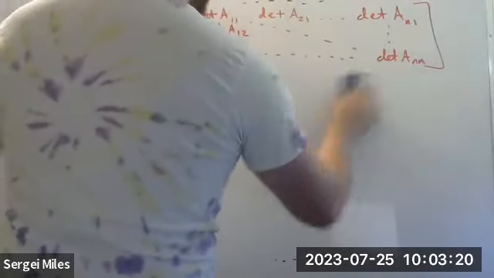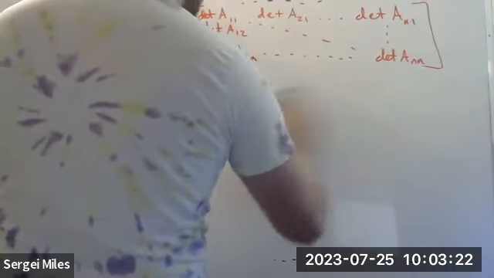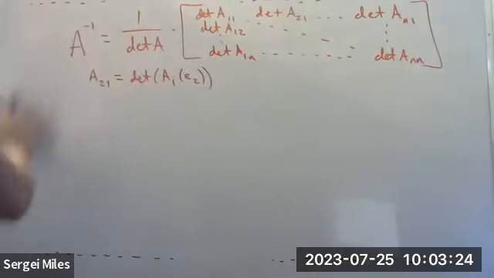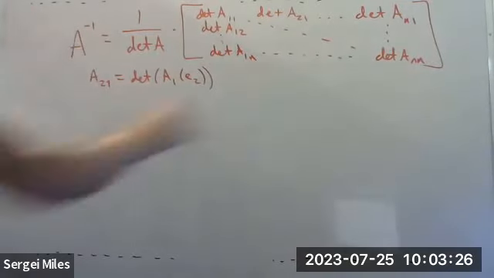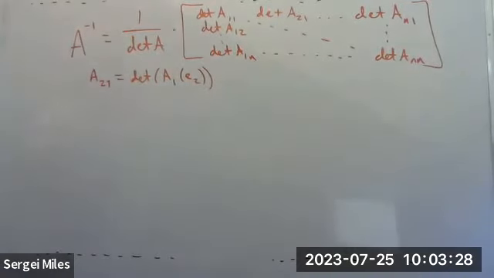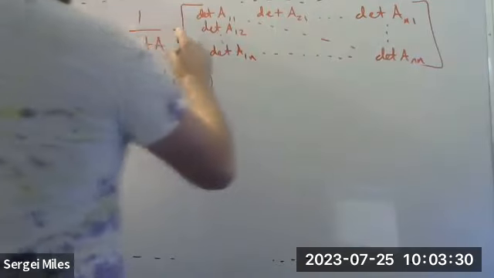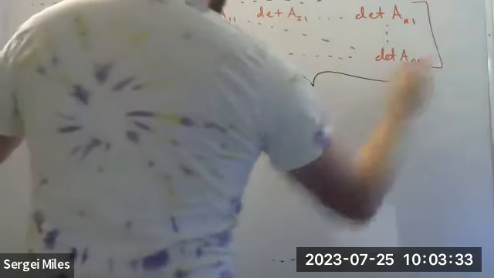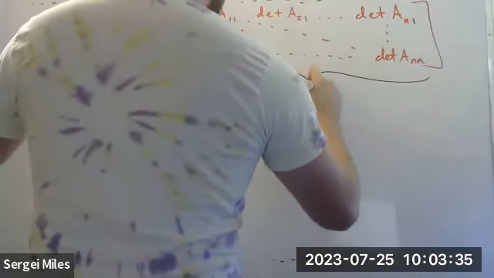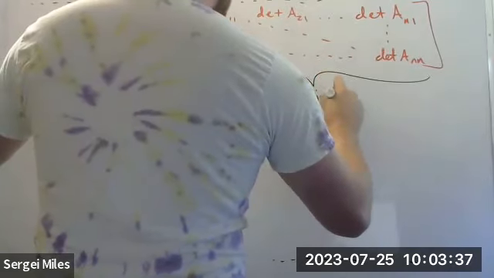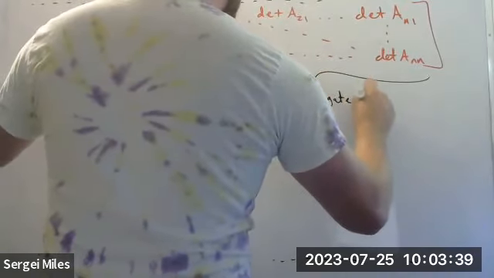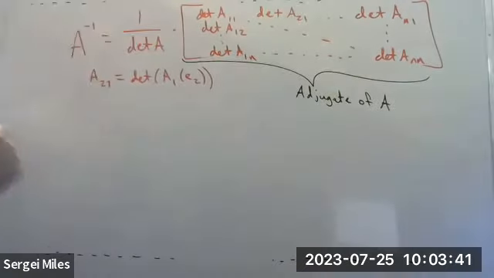You might see some questions in the textbook, or when you're reading section 3.3, there's actually a special name for this matrix we've created here. So when we have the determinant of A factored out, this is called the adjugate of A.